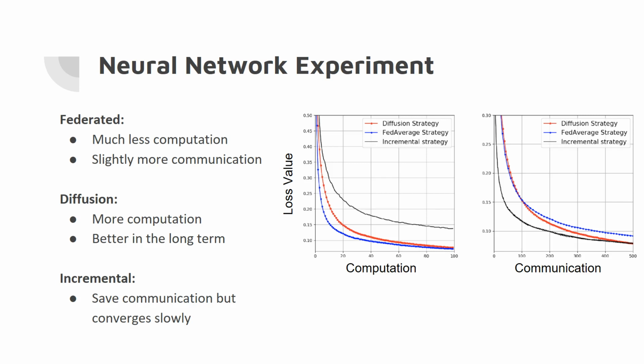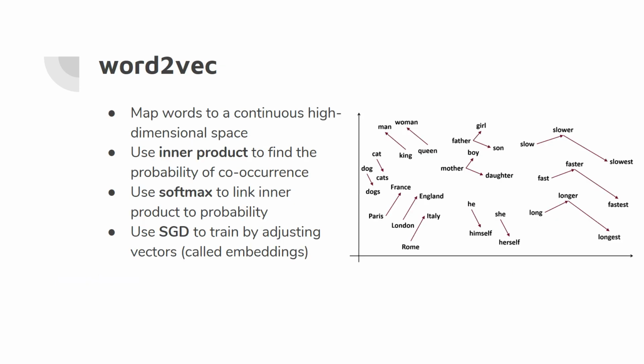So we further applied the strategy onto a classical natural language processing task called word2vec. In the word2vec model, we map all the words in the vocabulary to a continuous high-dimensional space, and we use the inner product between vectors to find the probability of their co-occurrence.